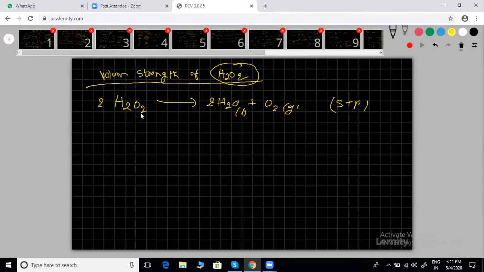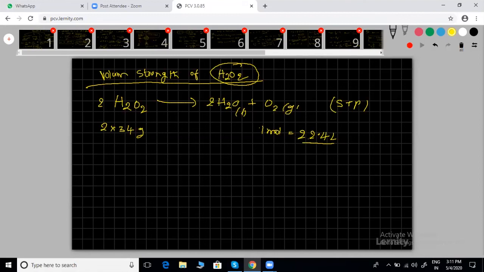Now we can see 2 moles, meaning 2 into 34 grams of H2O2, will give how much? 1 mole of O2, equal to how much you can expect? 22.4 liters. So volume strength means given H2O2, how much O2 will be produced.